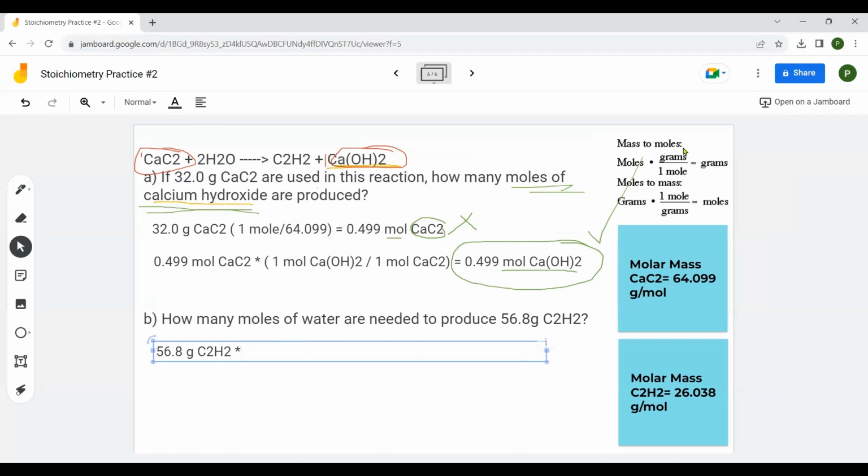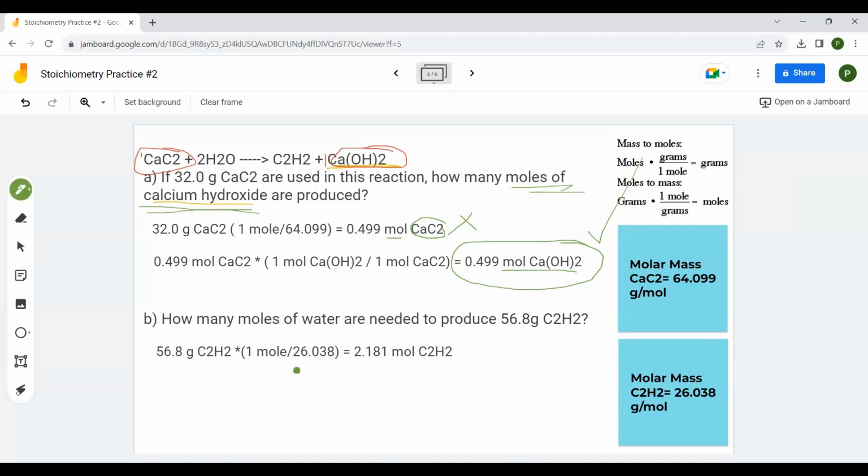So using our formulas up here, we have our given grams. We're going to multiply that by 1 mole over our molar mass, which for C2H2 we've calculated is 26.038. If we go ahead and plug and chug that into our calculator, we're going to end up with 2.181 mole of C2H2.